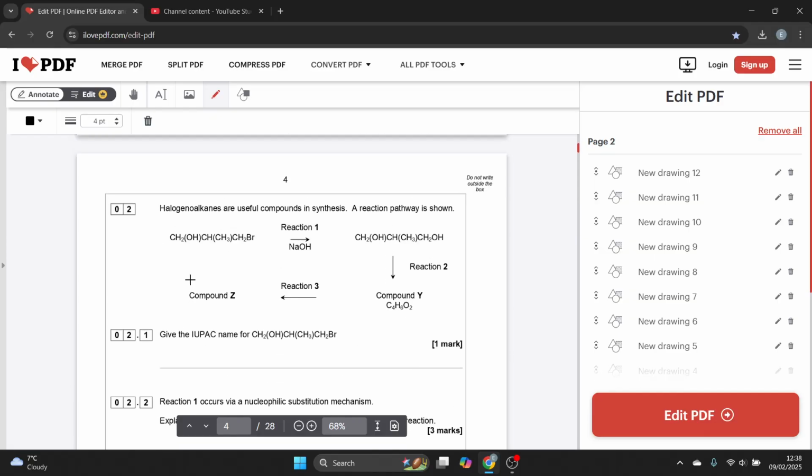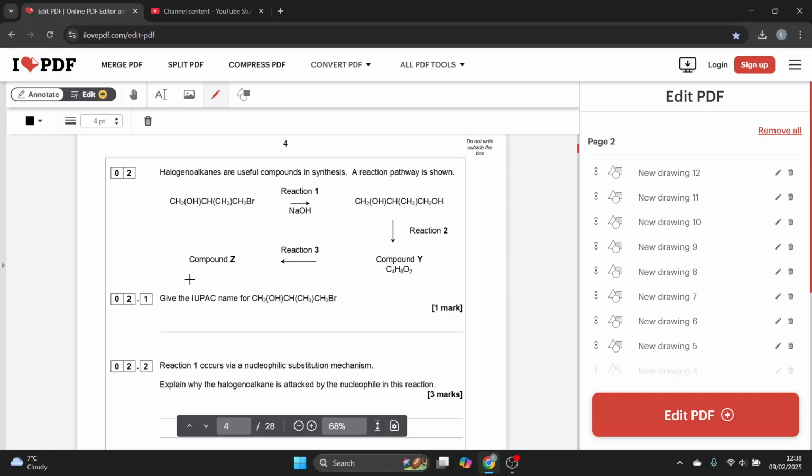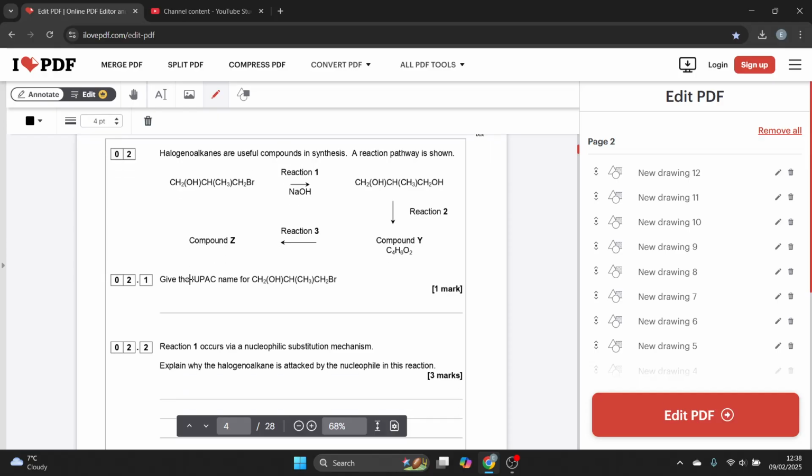Give an IUPAC name for CH2OH, CH3, CH2Br. So it's going to be 3-bromo, 2-methyl, propan-1-ol.